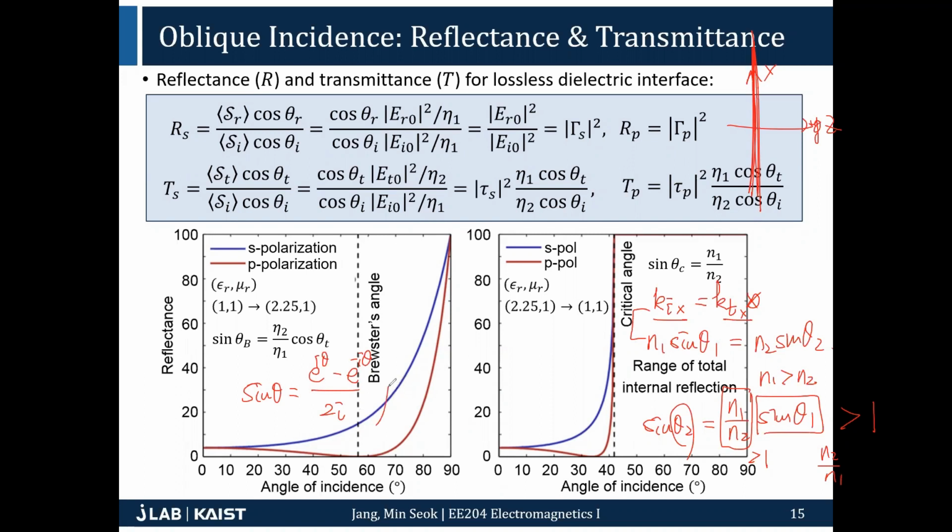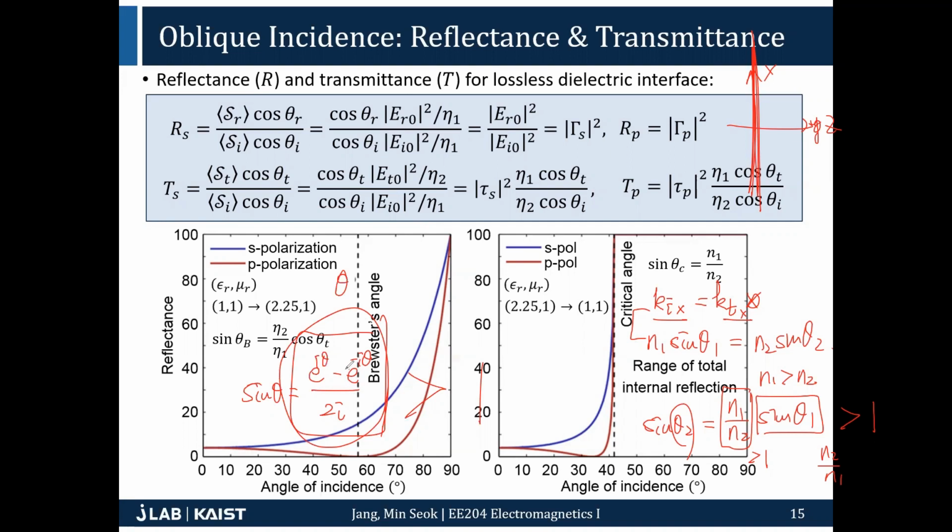If you carefully think about this relation, this can be larger than 1. There's no problem having this value larger than 1 if theta is complex.